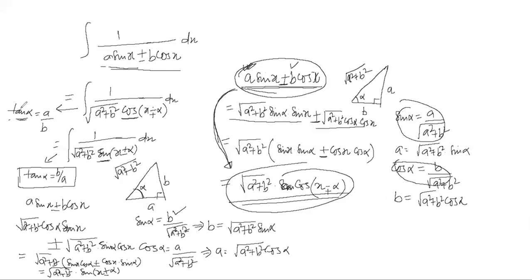Also, keep in mind tan alpha can be found here with the help of a upon b, and in this case, tan alpha can be found by using b upon a. All right. Let's see the problem and try to solve it using this formula.